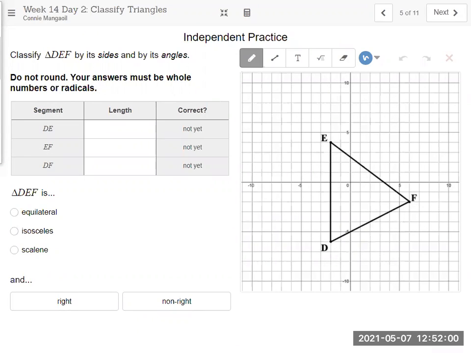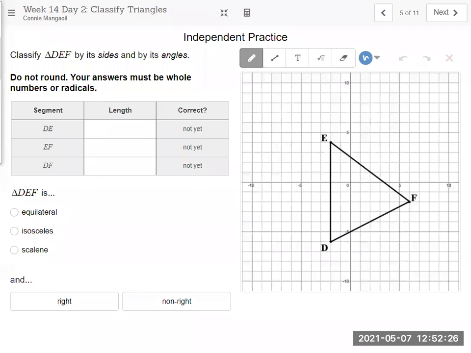All right, so let's start with DE. DE is right here, and DE is a vertical line, right? So if it's a vertical line, straight vertical or straight horizontal, you don't need to draw a triangle. All you need to do is to count. So how many units from D to E?